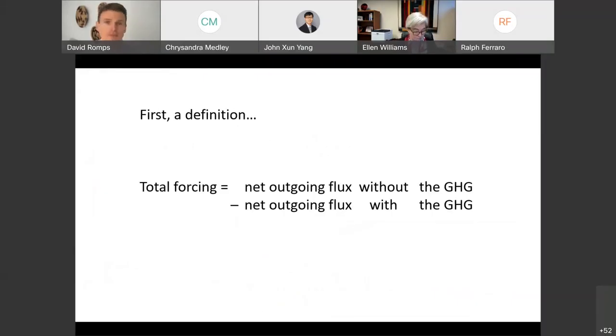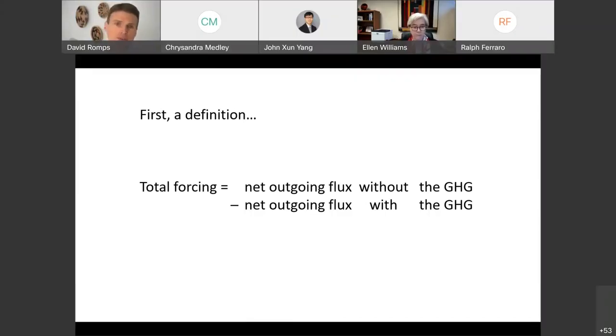Okay, I also have to give you a definition. I'm going to be talking about total forcing quite a bit in this talk, and sometimes I'll just say forcing, and I apologize when I do that. What I mean by total forcing is the net outgoing flux to space or through the tropopause without the greenhouse gas minus the net outgoing flux with the greenhouse gas at some particular concentration. So that's the total forcing.